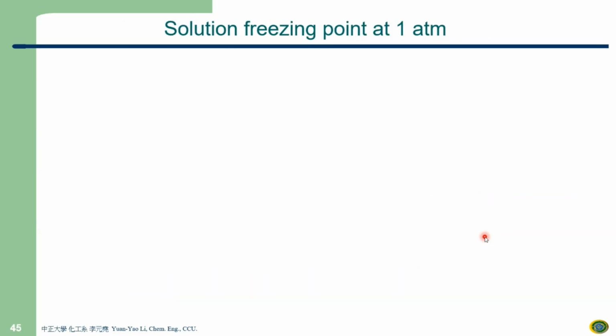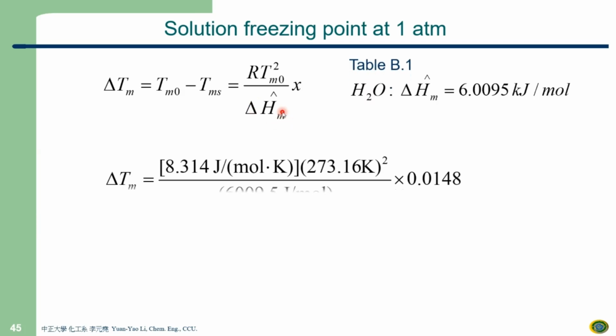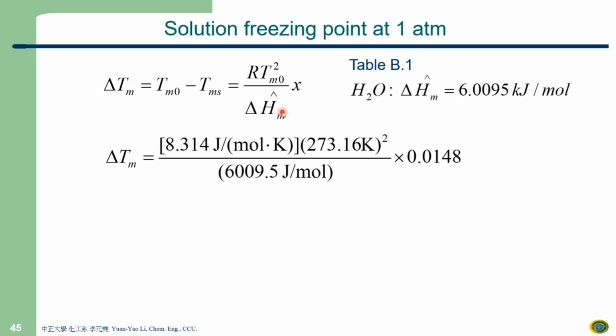And then question 3, the solution freezing point at 1 atm. What we want to know is the delta Tm. Since we know the X, we know the Tm. What is Tm? 0 Celsius, right? And the gas constant. What you need to know is the latent heat of melting. In table 1, you got this, and you put the numbers into the equation, and you find delta Tm equal to 1.53 Celsius.